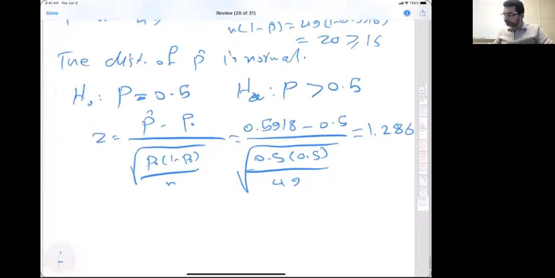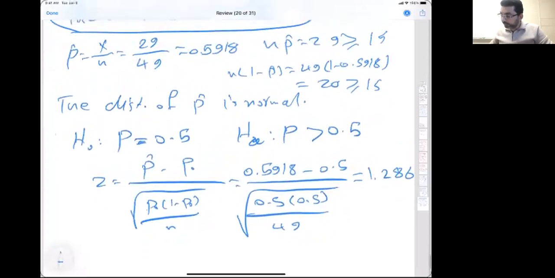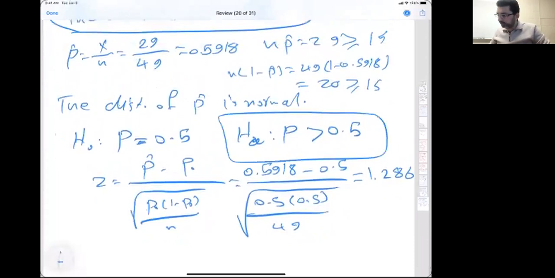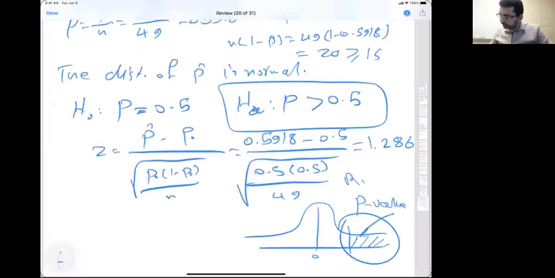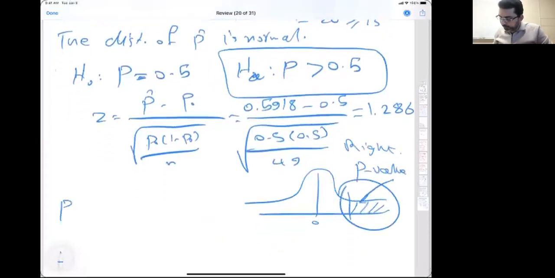Now the alternative hypothesis is greater than, so it's a right-tailed test. The p-value is the probability that z is greater than 1.286, which is 1 minus the probability that z is less than 1.286.